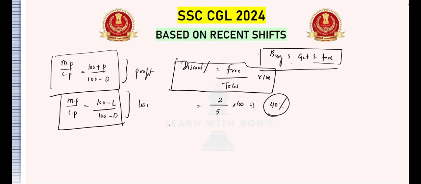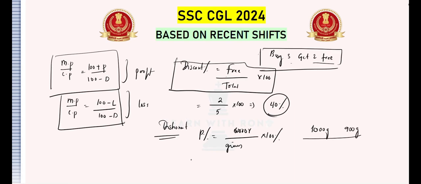And also the dishonest shopkeeper. How will you find the dishonest shopkeeper's profit percentage? Simply error weight divided by given weight, multiplied by 100. For example, he has to give 1000 grams, but the dishonest shopkeeper gives just 900 grams.